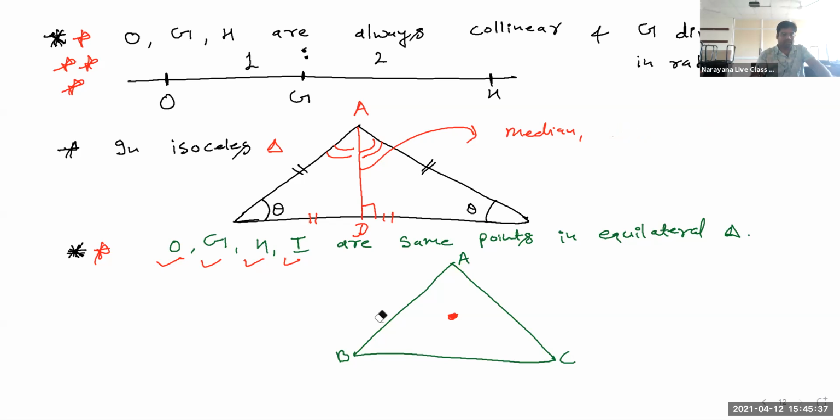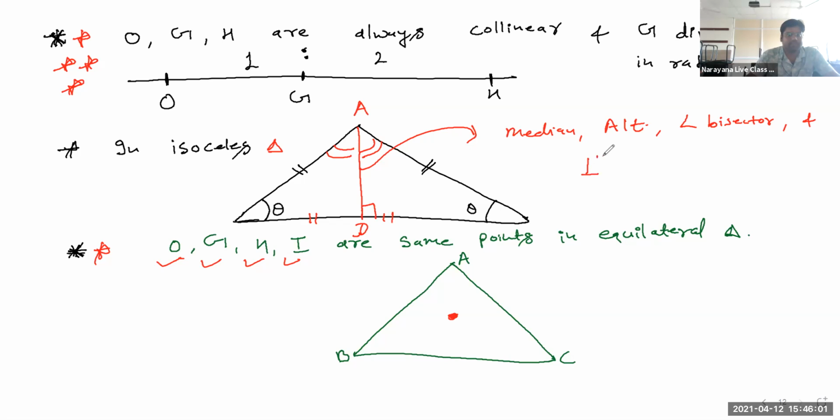I'm just telling one thing. Median, altitude, and angle bisector, and one last thing is altitude, median, angle bisector, and which one is remaining?